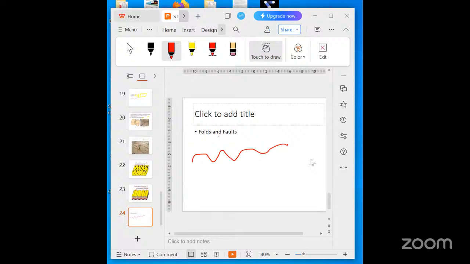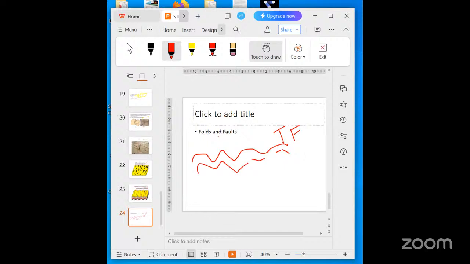Similarly, when the layers of rocks suffer gradual compression by the tectonic forces in the crust, they are pushed into folds. That's called folds. So the layers of rock can be crumpled or buckled into folds.